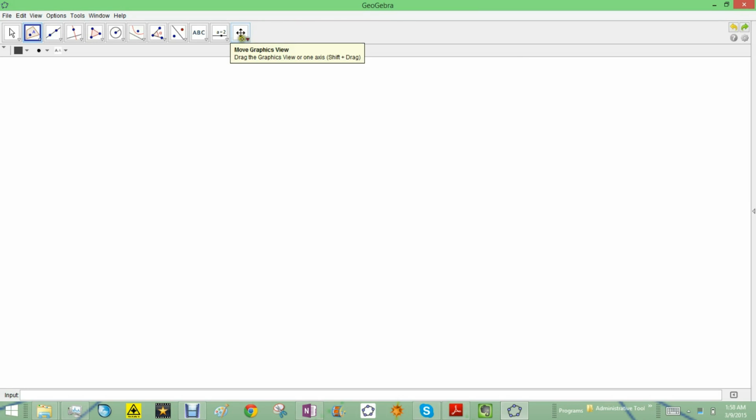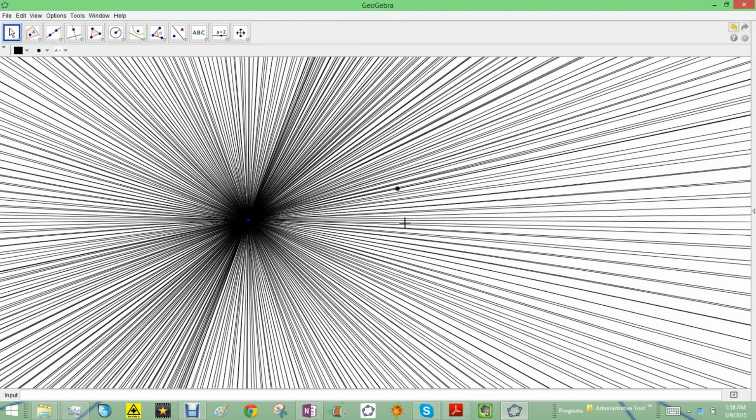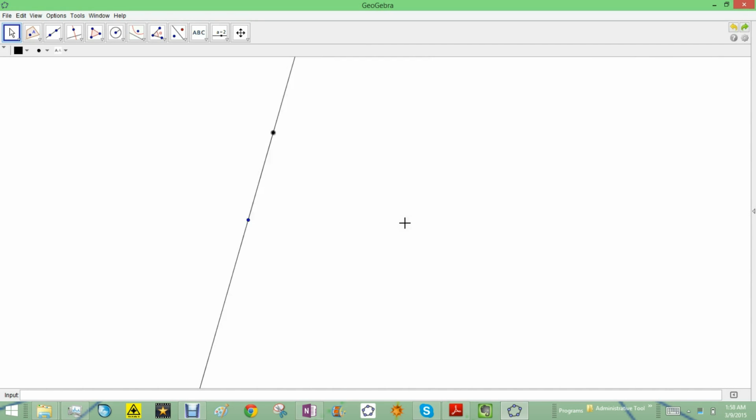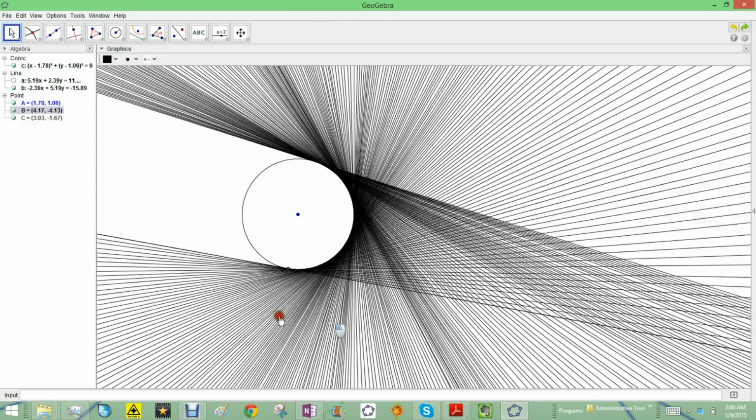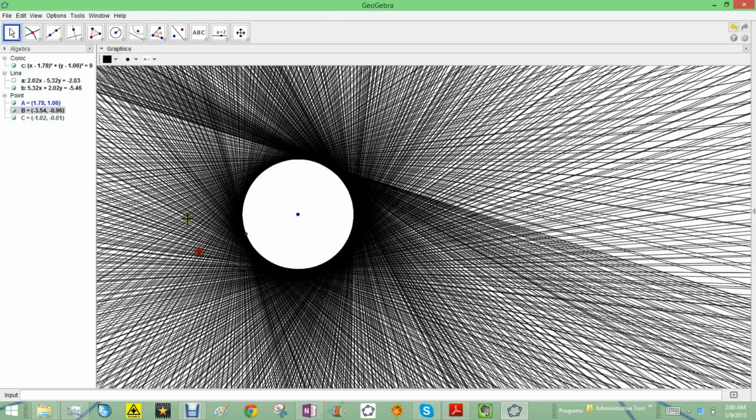The other definition is the idea of a pencil. The pencil of a point is just the set of all lines which pass through that point. The pencil of a conic is the set of all lines which meet that conic tangentially. So the pencil of this particular conic, for example, is just the set of all lines which are tangential to this circle.